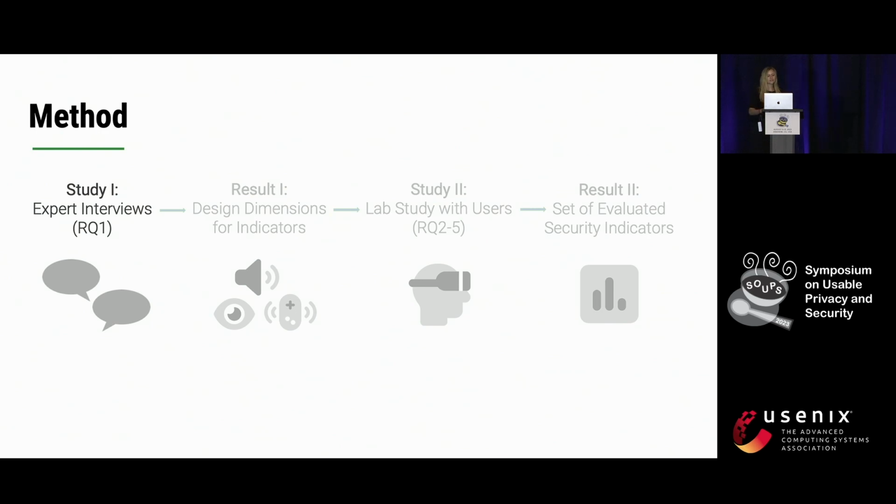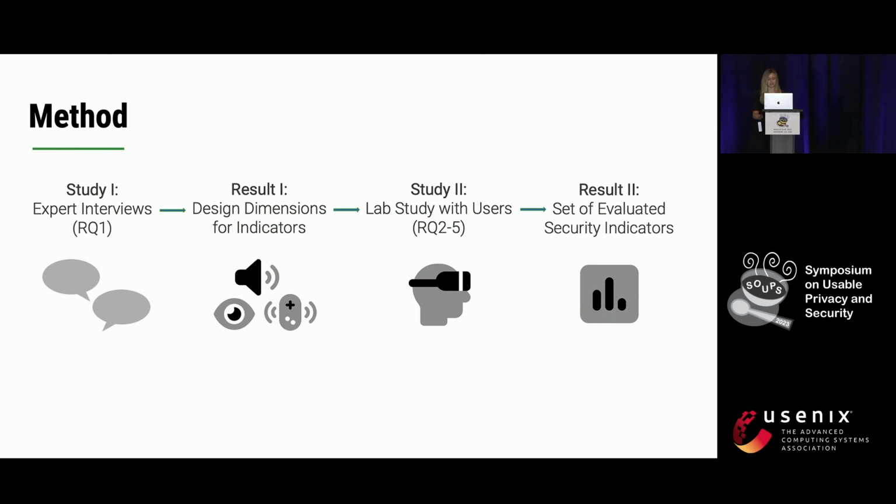So we first conducted expert interviews with 8 domain experts from security and VR domain. And based on their insights, we created a design space. Next, to find out which perform best, we conducted a lab study with users, and this whole process resulted in a set of evaluated security indicators. I will now go through these steps in a bit more detail.